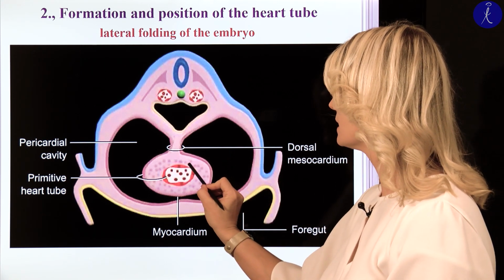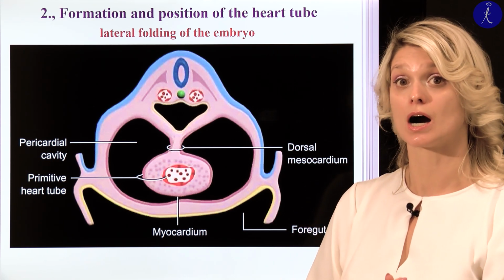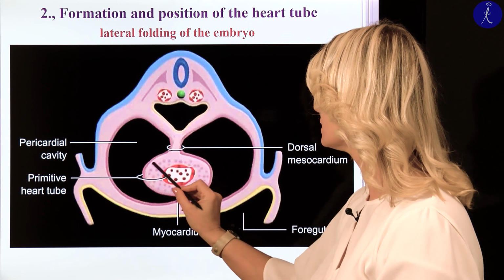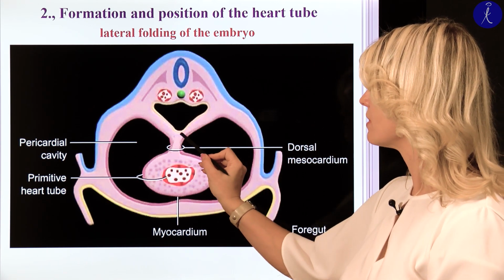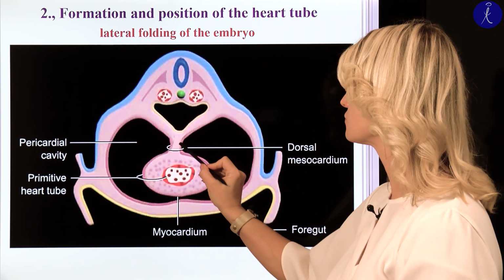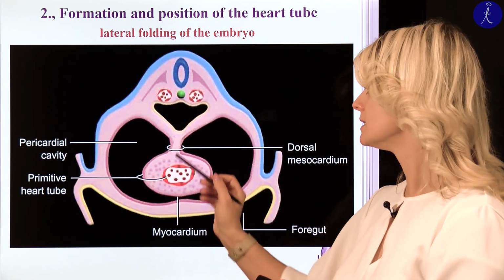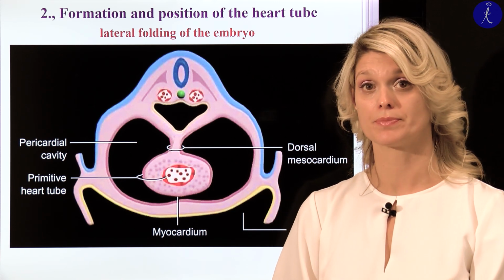You can see the innermost layer will be the endocardium, and after it will be surrounded by the myocardium. And you see it very well that first this tube is fixed to the dorsal surface of the cavity. This is called the dorsal mesocardium.